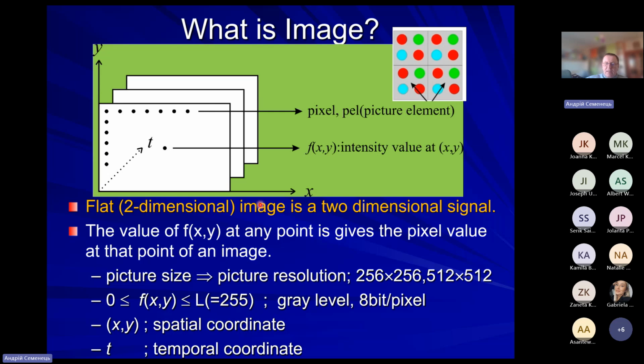And so in this case, a flat two-dimensional image is a two-dimensional signal, and the value at the intersection of XY coordinates gives us the pixel value at that point of the image, like a color, for example, if we're talking about a color image, or the intensity of grayscale, if we talk about a grayscale image.